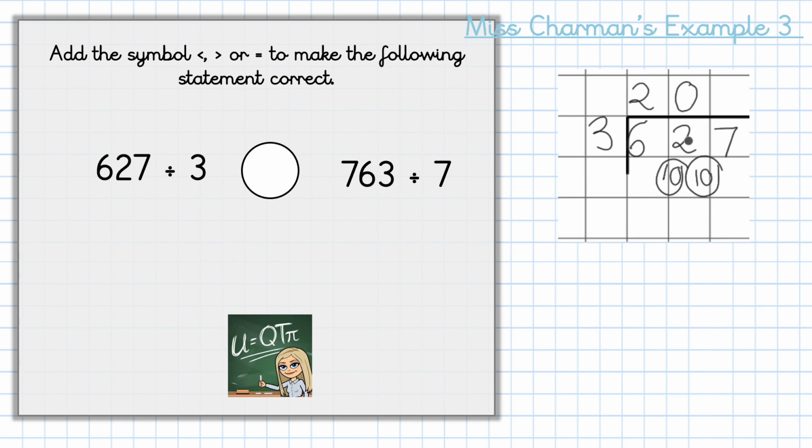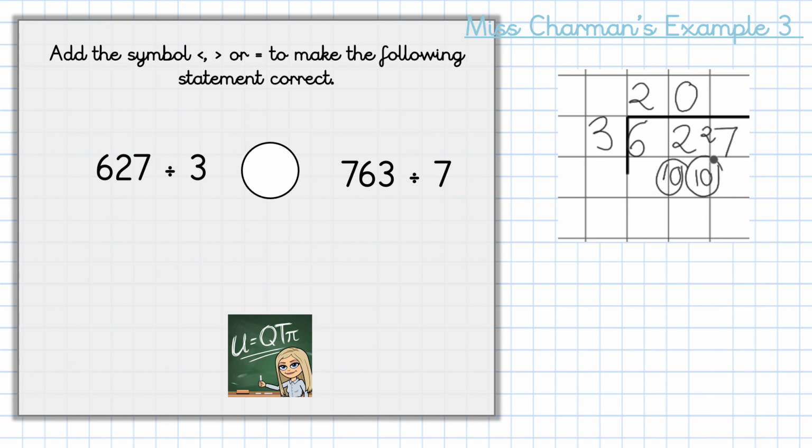And I'm going to need to exchange. I'm now going to need to write a 2 in the ones column because I'm exchanging 2 10s for 20 ones. And the final part of this calculation is asking me how many 3s into 27.